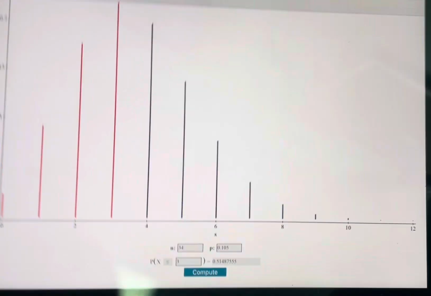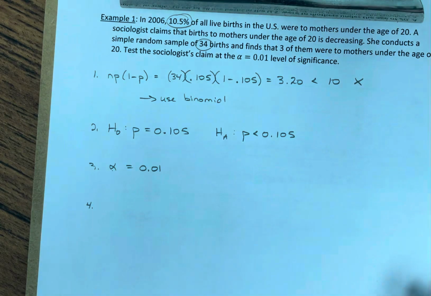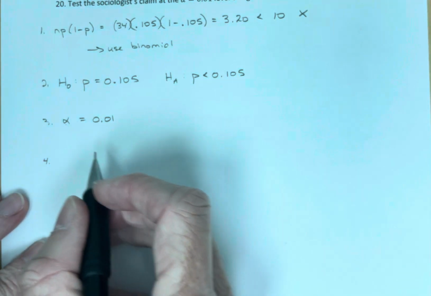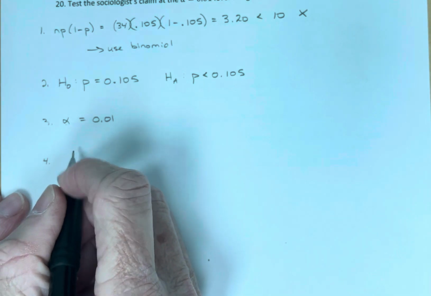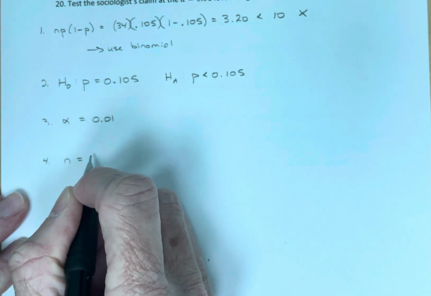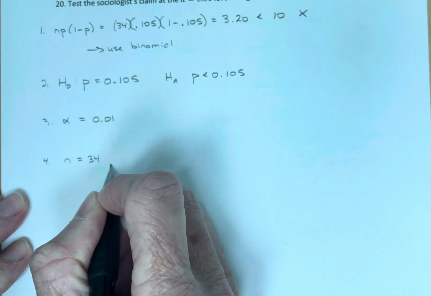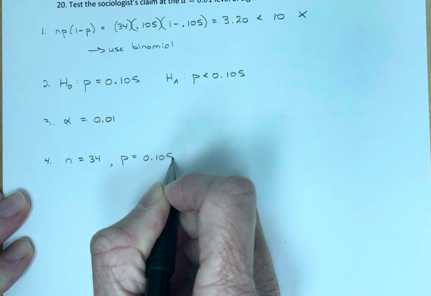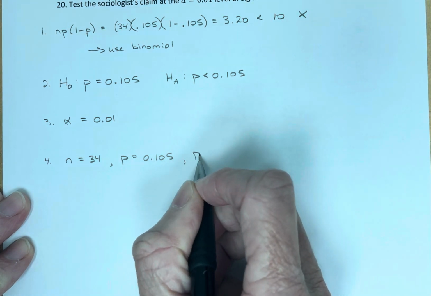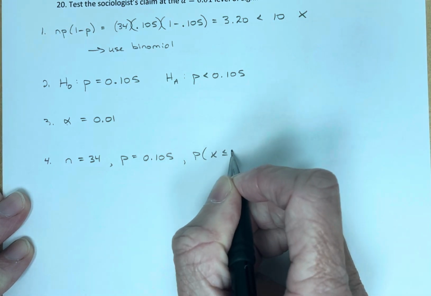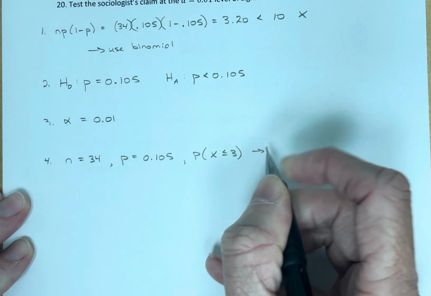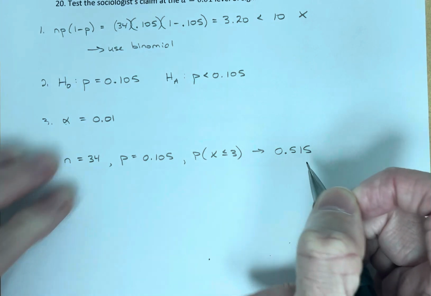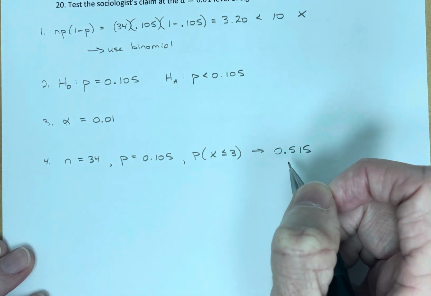All right, so let's come back to here and note that we had n equals 34, p equals 0.105, and we had the probability of X being less than or equal to 3, and we came up with 0.515. So there we have it.